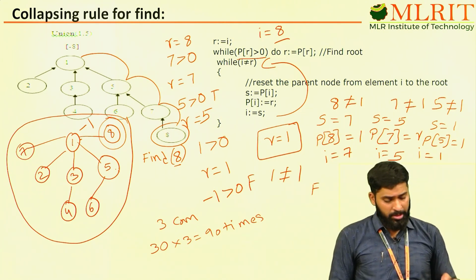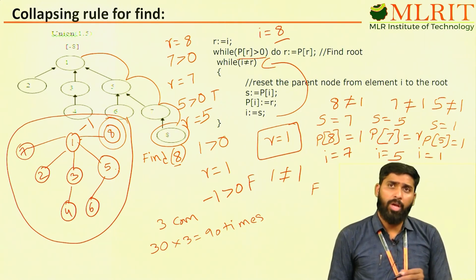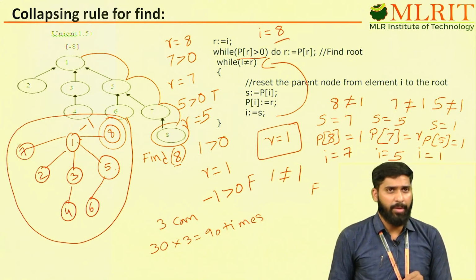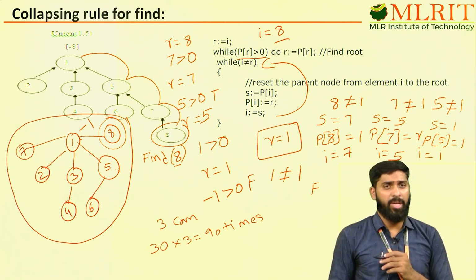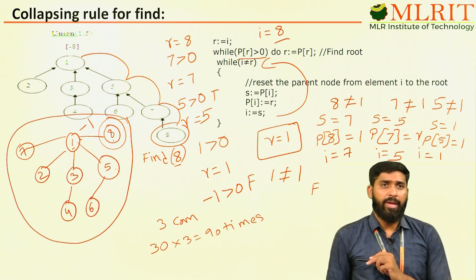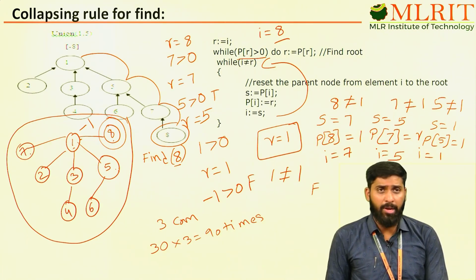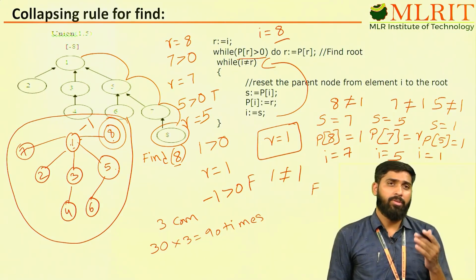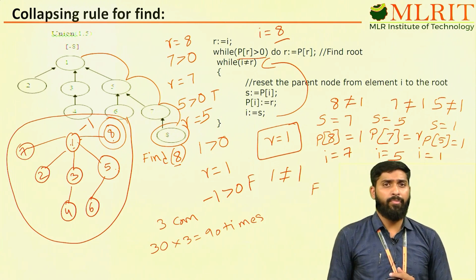So the first time in the collapsing rule also we compare 3 times, but next time onwards we reduce the comparisons. Directly you find that 8 belongs to S1, similarly 7 belongs to S1. Now the time complexity will reduce in the collapsing rule for find compared to the simple find algorithm.